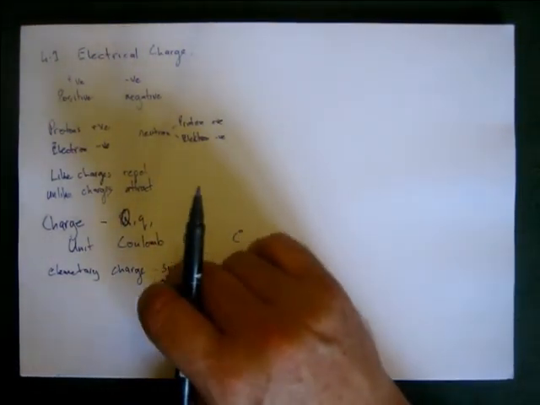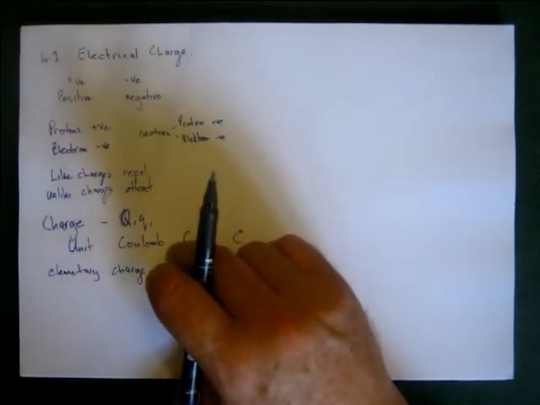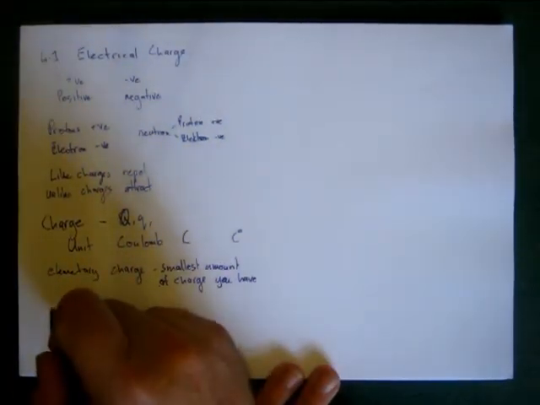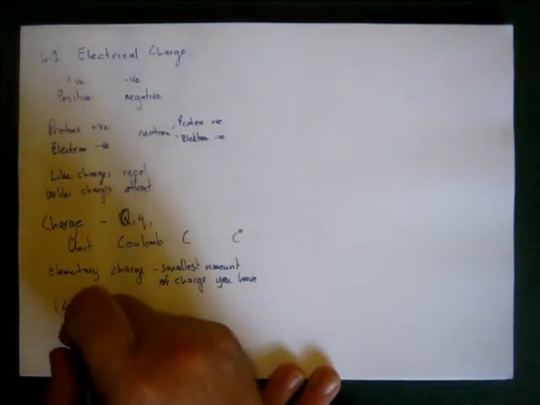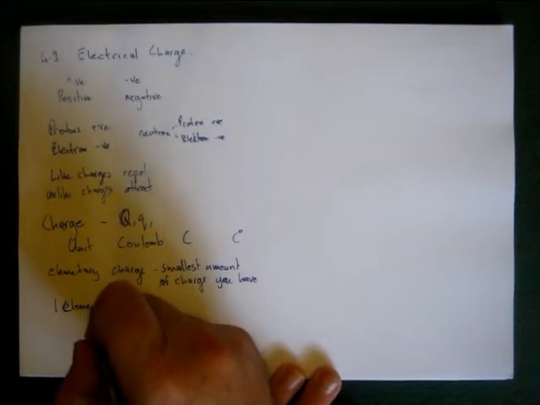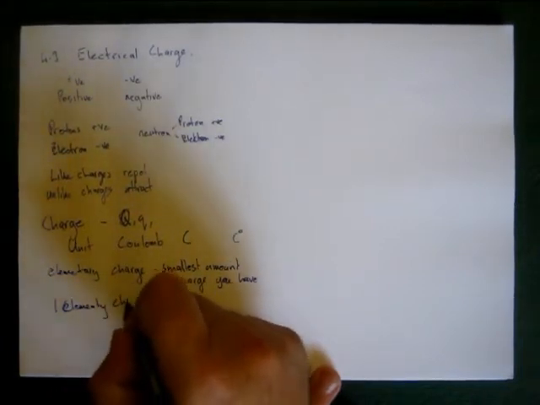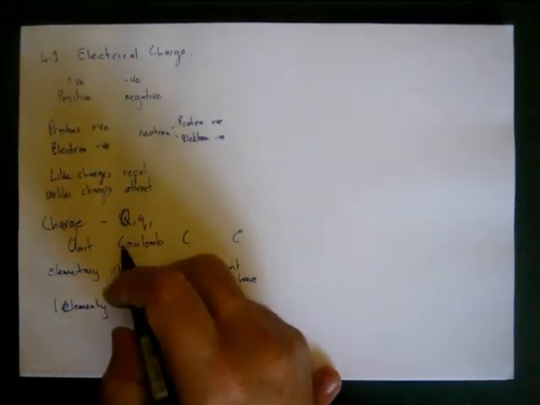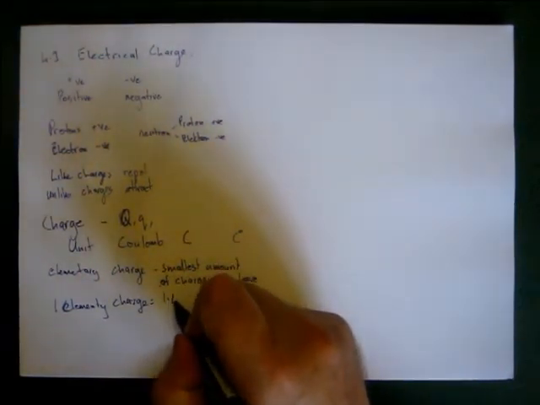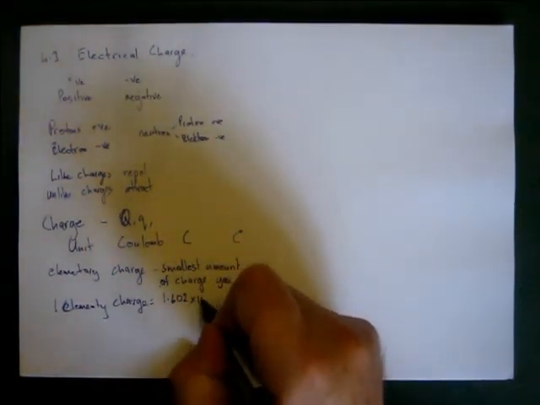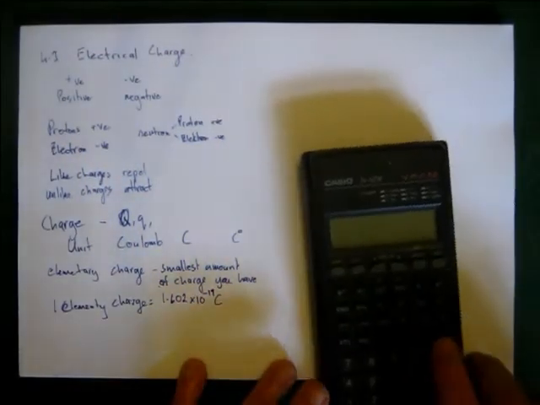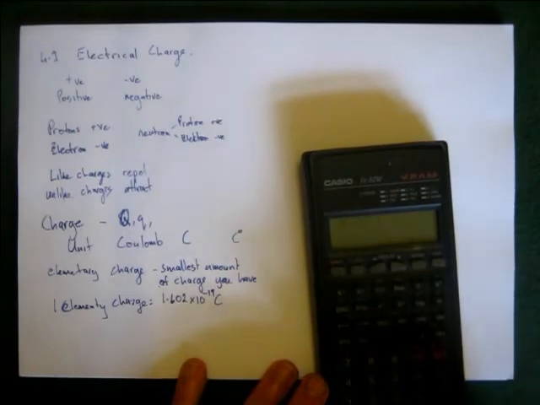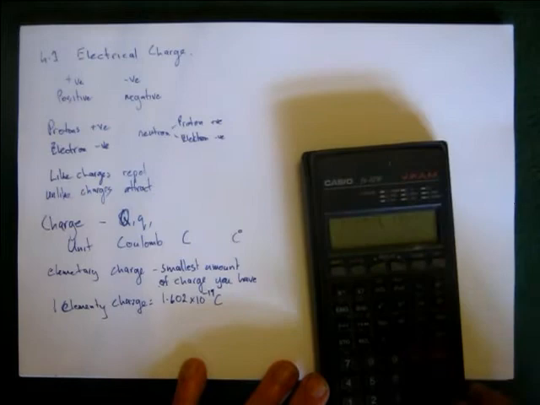So how many elementary charges in a Coulomb? Well, one elementary charge equals 1.602 times 10 to the negative 19 coulombs. Or, if we just use a calculator, we can do 1.602 times 10 to the negative 19, equals, take the inverse.